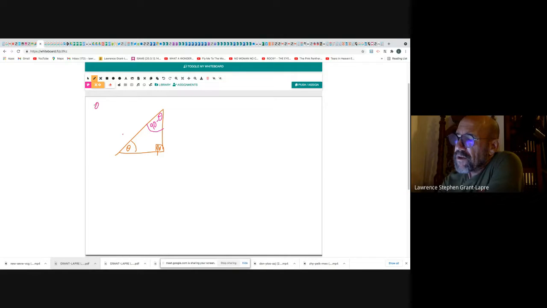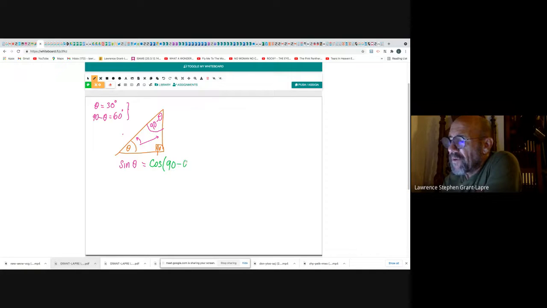If theta was 30 degrees, then 90 minus theta is 60 degrees. They are complements. The sine of theta, because sine is opposite over hypotenuse, will equal the cos of the complement angle, because cos is adjacent over hypotenuse, the same sides.